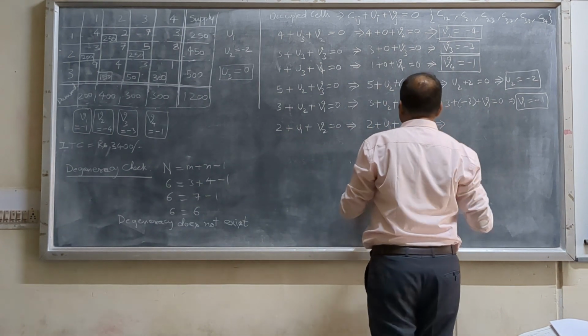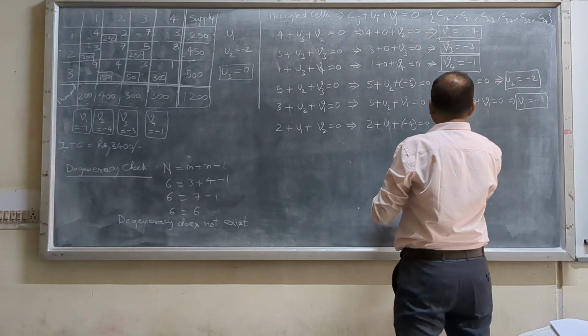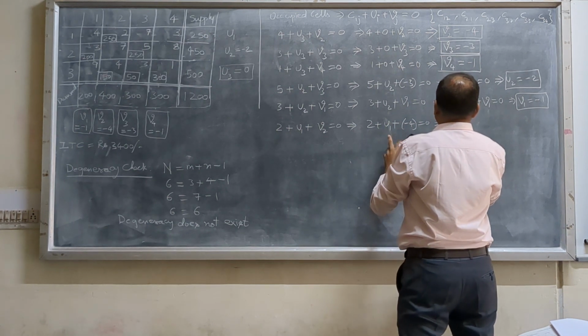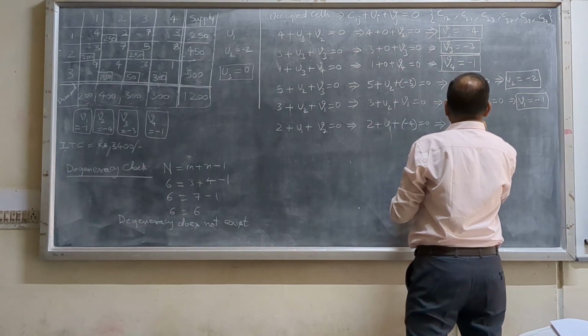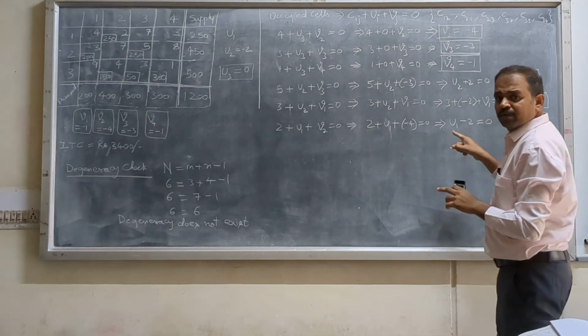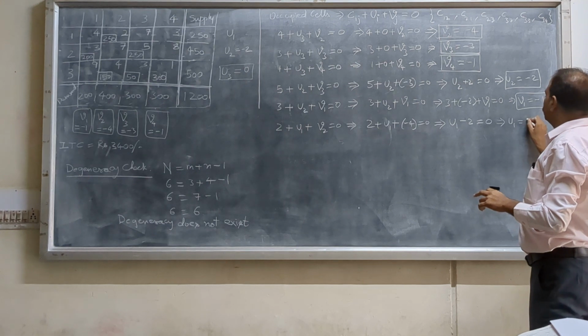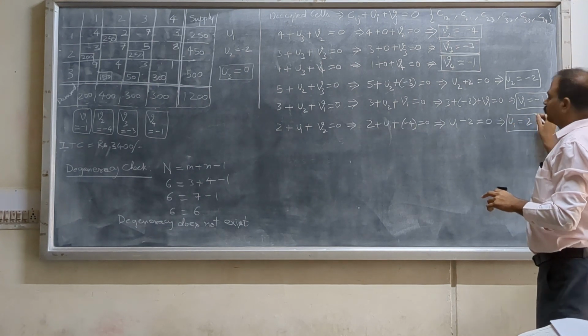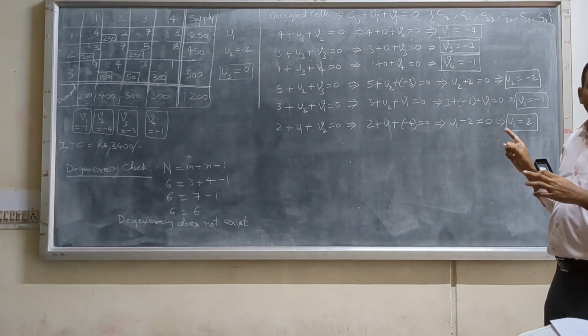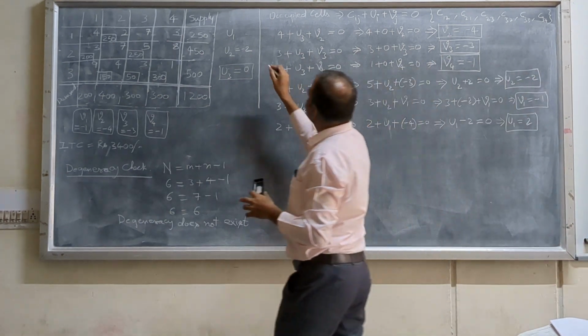So U1 minus 2 is equal to 2, right? This implies U1 is equal to 2. Is it correct? Okay, so U1 is equal to 2.